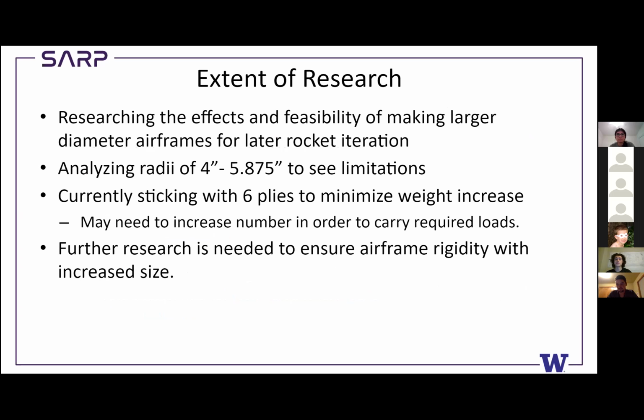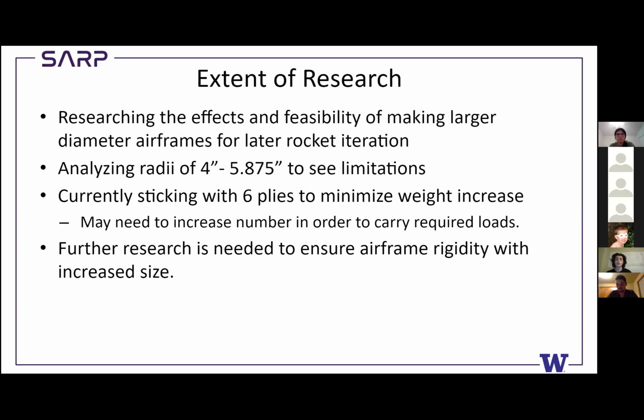So the extent of our research is just seeing how big we can get the rocket before too many problems arise and where we can't really build it. Currently we're analyzing a radius from 4 inches to 5.875 inches, compared to our current one, which is about 3.98 something. Currently we're sticking with 6 plies for our basic analysis.